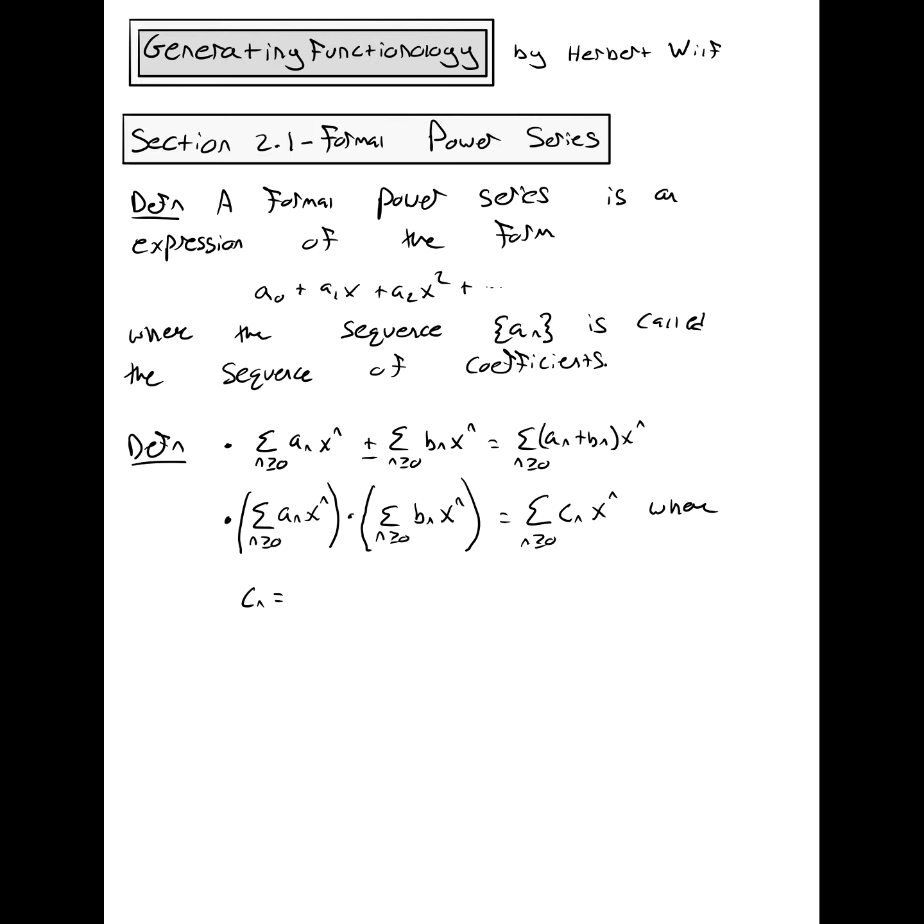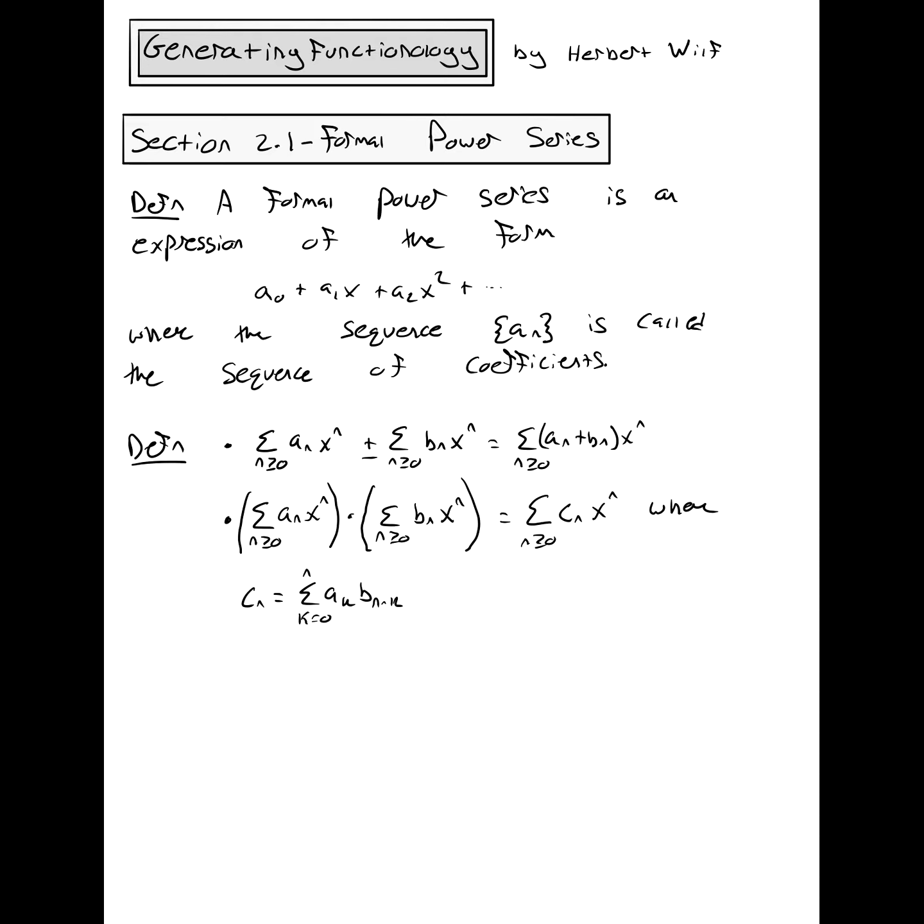We're going to be defining c n to be the collection of corresponding terms. Essentially we're collecting like terms, and c n ends up being the sum from k equals 0 up to n of a k b n minus k.